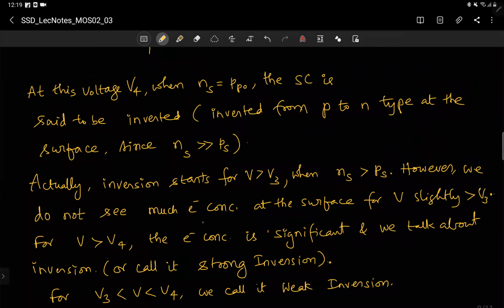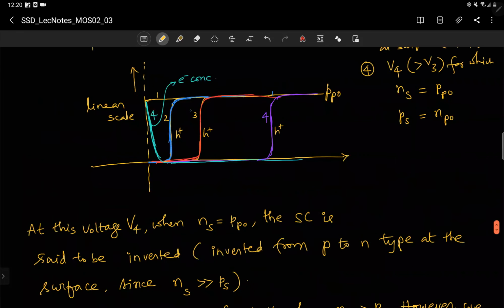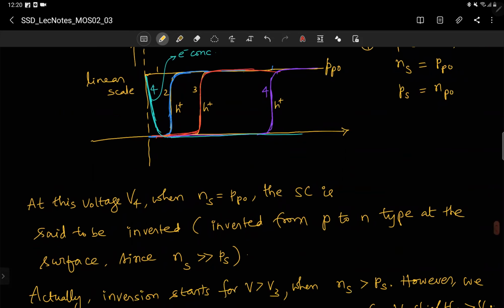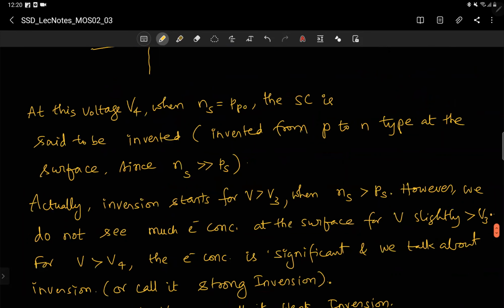However, we do not see much electron concentration at the surface for V slightly greater than V3, as can be seen here in this plot. On a linear scale, even for the case of V3, you don't see much electron concentration because that is still on the order of Ni. So that is why we don't usually call it strong inversion.